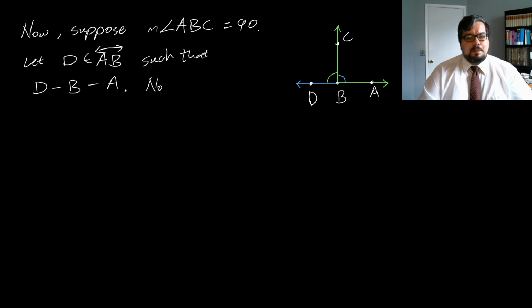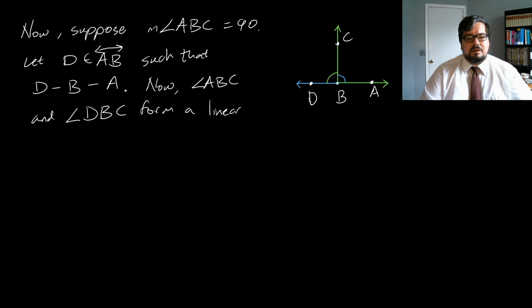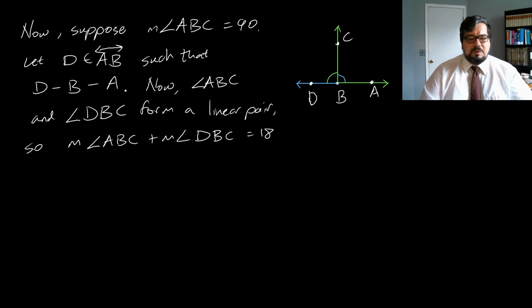So now, angle ABC and angle DBC form a linear pair. So, by axiom A5, the measure of angle ABC plus the measure of angle DBC equals 180.